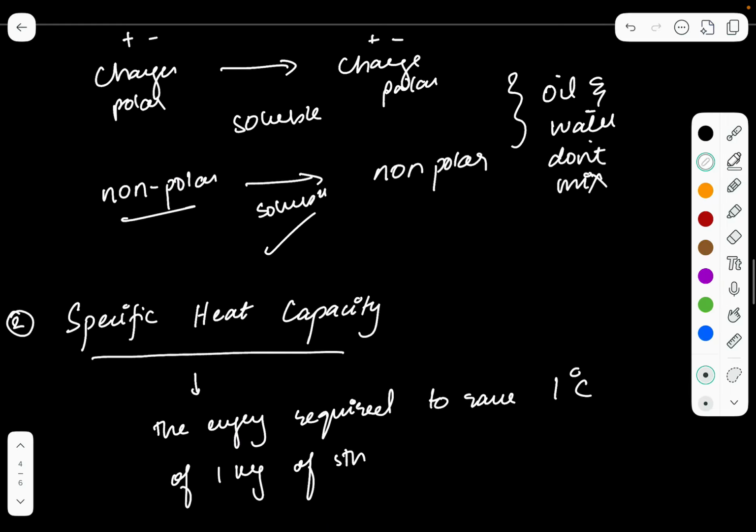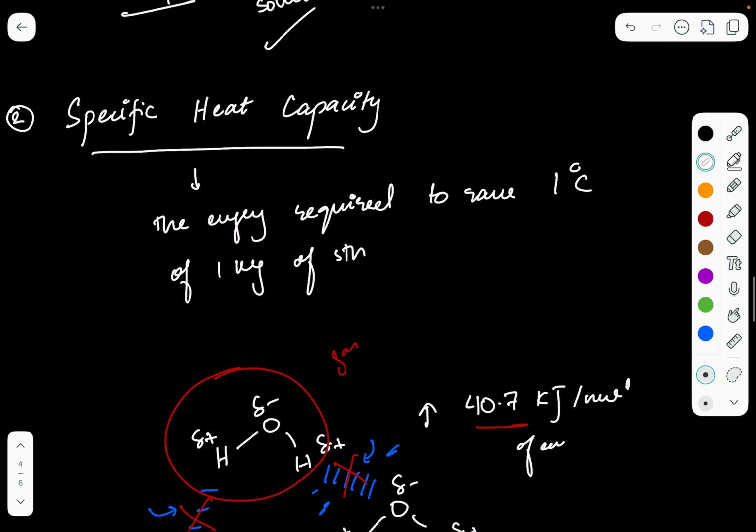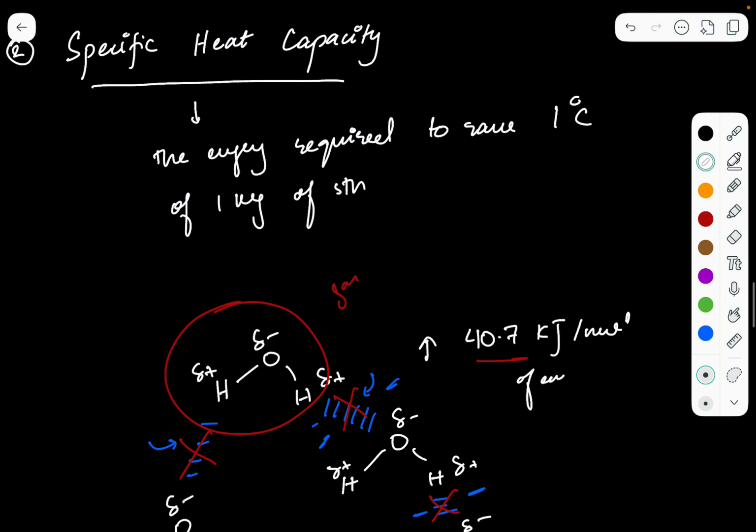And so that makes it a good medium of transport. And we discussed the specific heat capacity of water, where the energy required to raise 1 degree of 1 kg of water is quite high, and that means that our bodies have a stable environment, because if, let's say, by changing the outside temperature by 2 degrees, our internal body temperature does not stay at what it's supposed to, 37 degrees, it's going to cause a lot of problems for our proteins and our cells, because they're not going to be able to work properly.